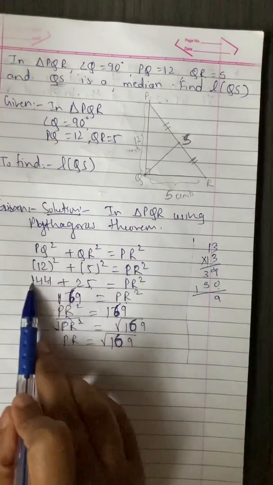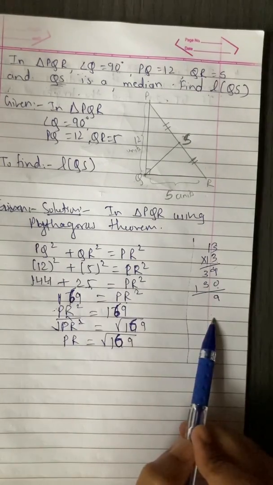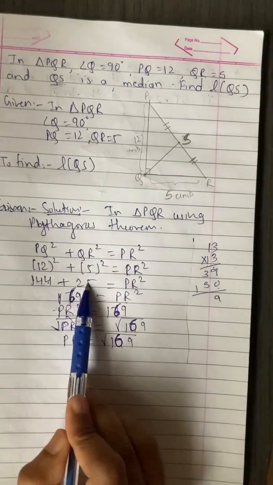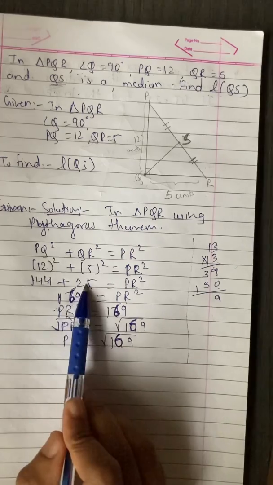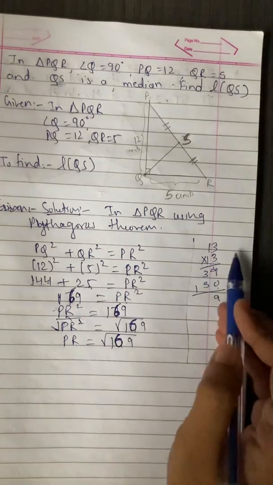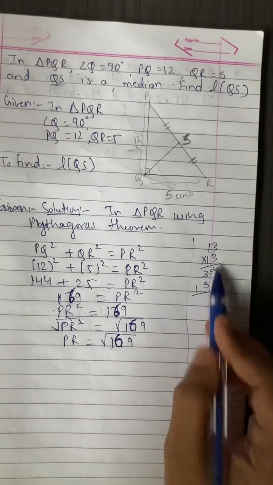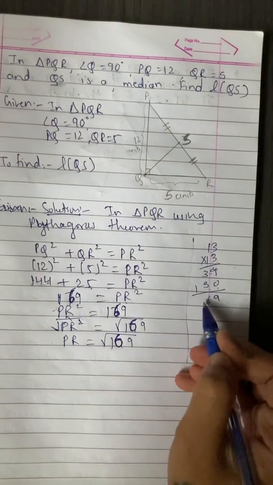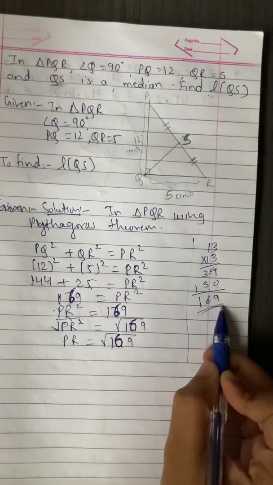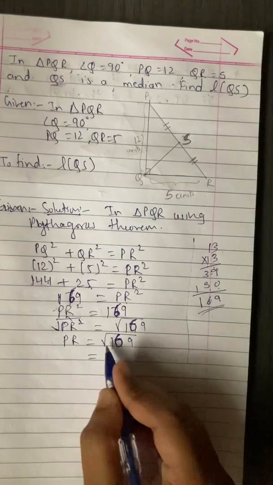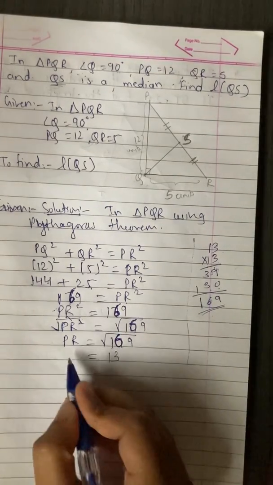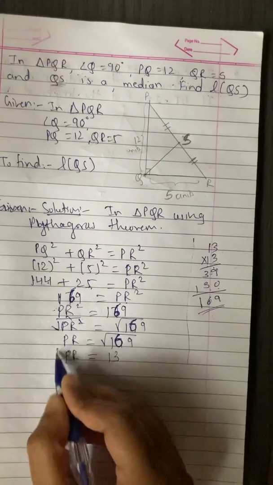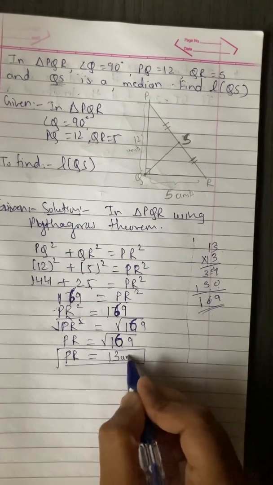So it is always better to add even in the rough work, because if I do the addition directly, there are more chances of making a silly mistake. So 169 definitely. Now I am doing 13s. So 3 plus 3 is 6 and 1. So 169 we have as the answer. So I can write root of 169 is 13. So PR is equal to 13 units.